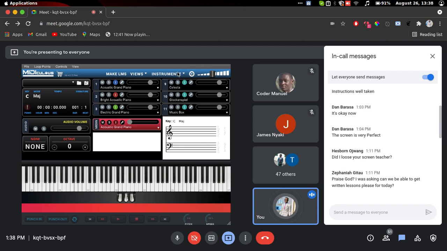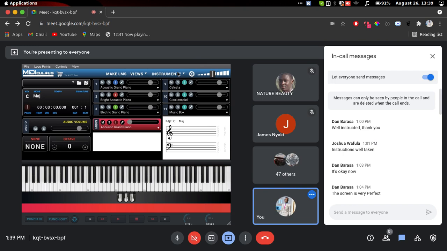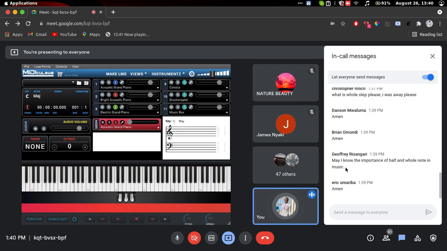I need us all to have a grasp, because our next lesson will start on scales, and you cannot start on scales if you are not conversant with sharps and flats, and also with whole steps and half steps. We cannot start our lesson.